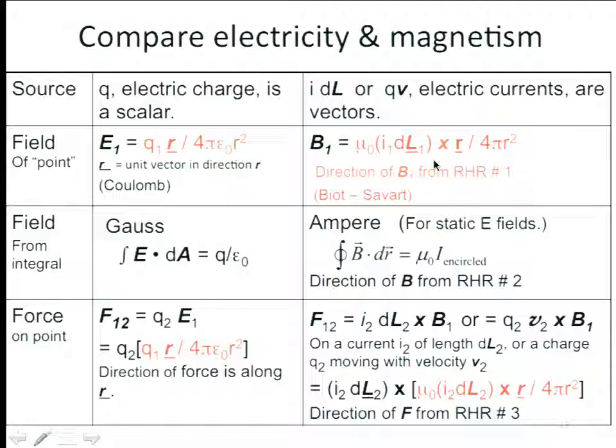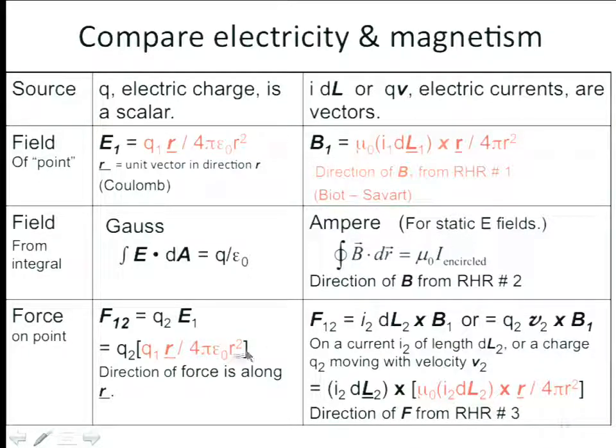But the beauty part is that, in addition, we had, in the case of electricity, a Gauss law where there was an integral over a surface and it had the charge inside, and you could solve some particular problems with the Gauss law. We have a similar law with magnets. It's called the Ampere law, another Frenchman, where if you know the magnetic field over a line, you can find the current inside that line.